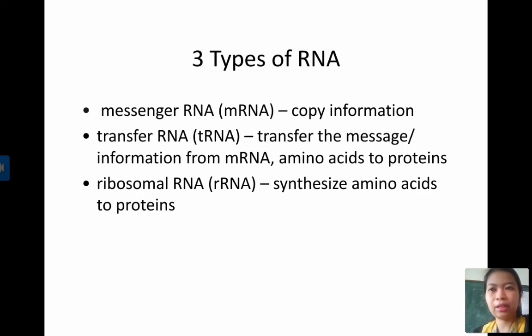Dadalhin ni transfer RNA yung message na yon kay ribosomal RNA or rRNA, wherein sinesynthesize ni ribosomal RNA yung amino acids into proteins. So, yun yung three types of RNA. So, messenger RNA, transfer RNA, and ribosomal RNA.